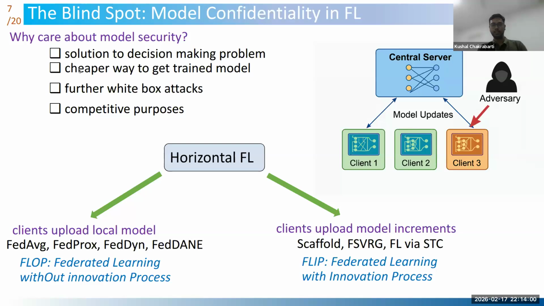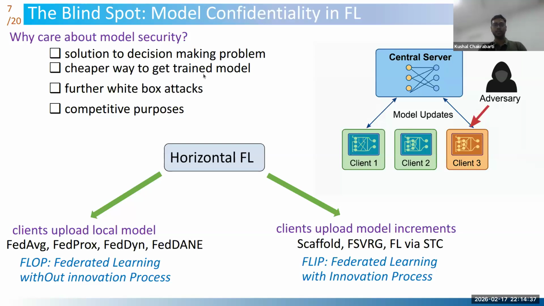So the importance of data privacy is obvious, right? We want to protect our own data. But why do we care about model protection? Because the model in this case, or in any optimization problem, represents the solution to some decision making problem, which will be the final outcome when your training is done. And if someone is eavesdropping on the communication link and gets a good estimate of this model, then without having to do the training, they can just get this model in a cheaper way.